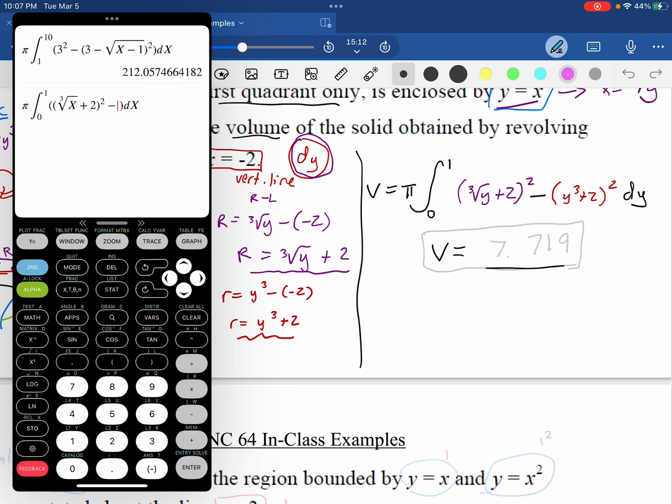So cube root of x plus 2, parentheses, squared, minus extra parentheses, x cubed plus 2, close parentheses, squared, and then all dx. And that equals 7.719.